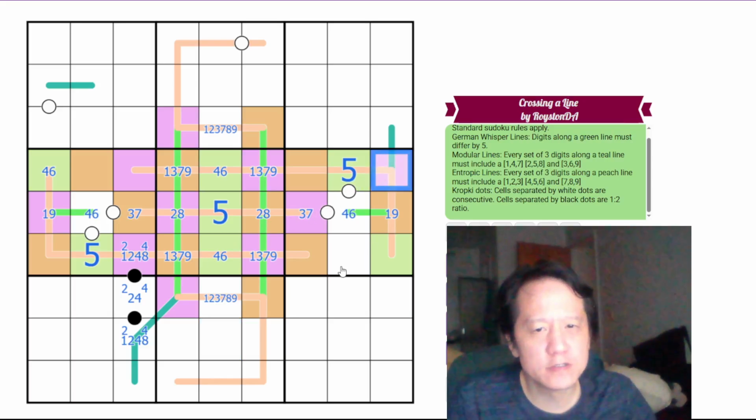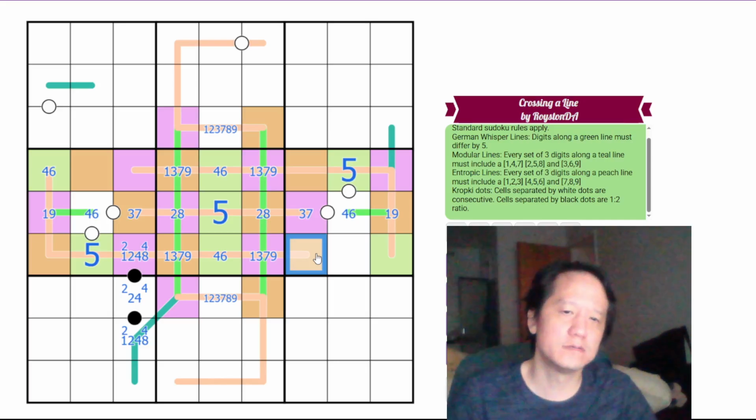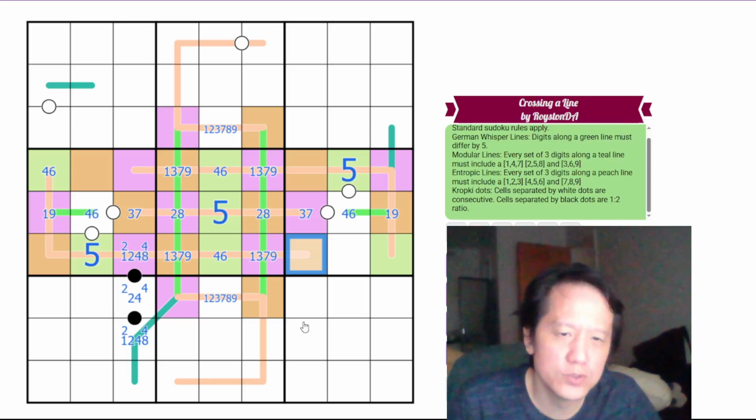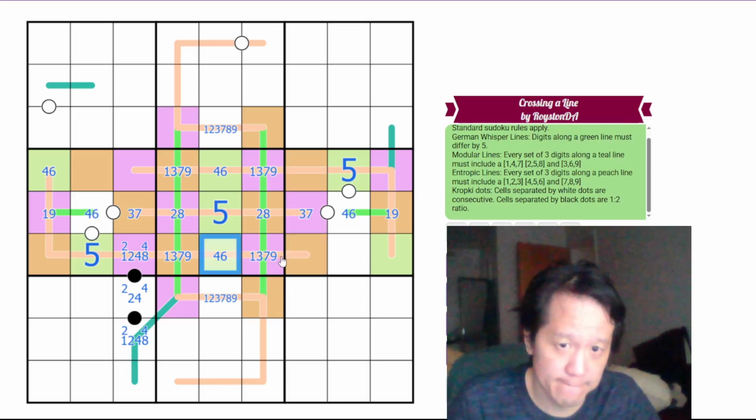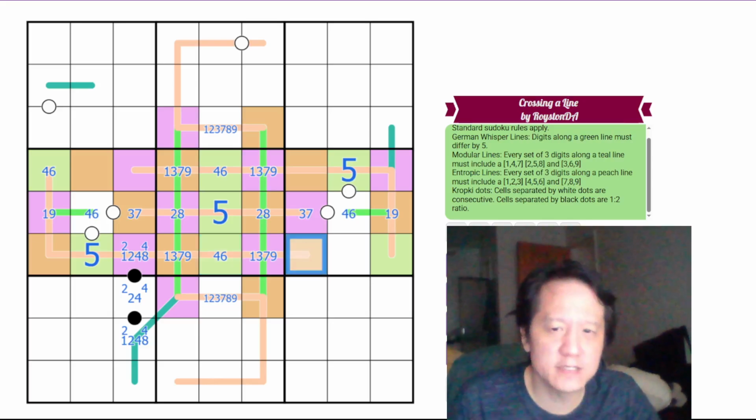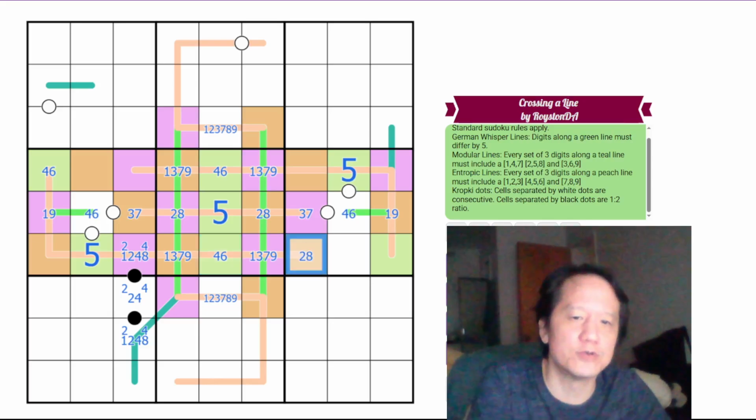What is this? So this cannot be the orange 1, 9. This is 4 or 6. This has to be 2, 8 orange or 3, 7 orange. We're not sure which.